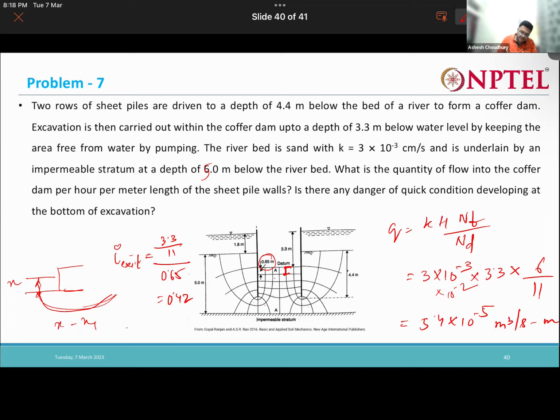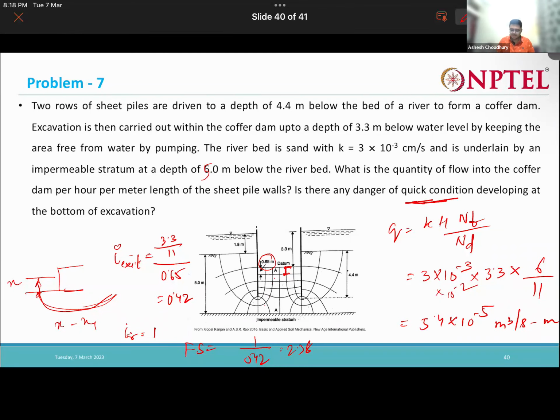Now, if I take my i critical as approximately equal to 1, what will be the factor of safety? 1 divided by 0.42 is 2.38.